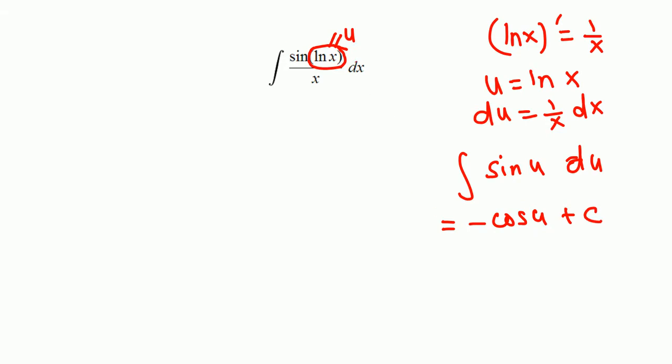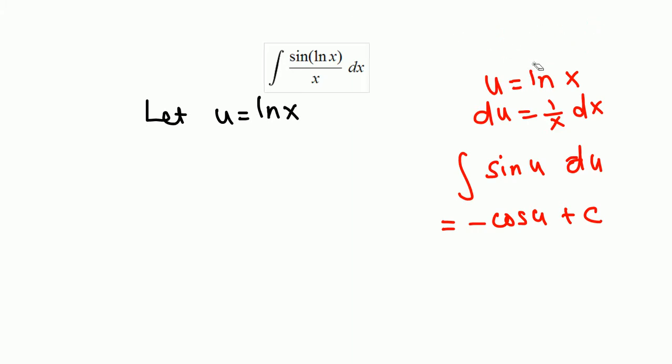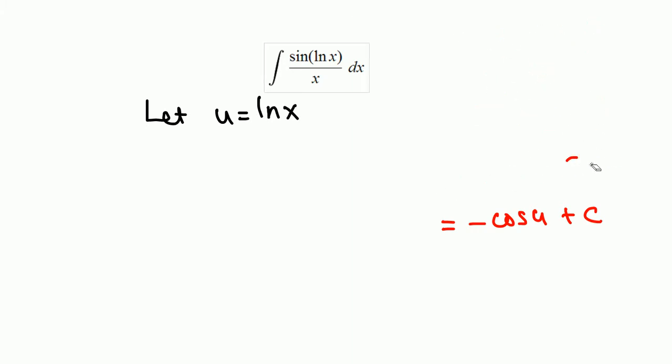So we can go that way, or if you want to go through all these steps, then we let u be the inside function, natural log of x. Now we want to convert this equation in terms of u.